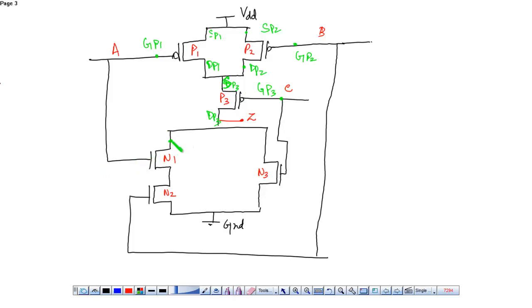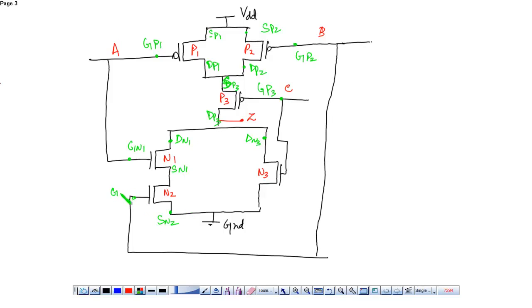Similarly, we have the output obtained at the drain terminal, so this is drain. This is also drain of N1, drain of N3, source of N1, and this is the gate of N1. Similarly, this is the source of N2.